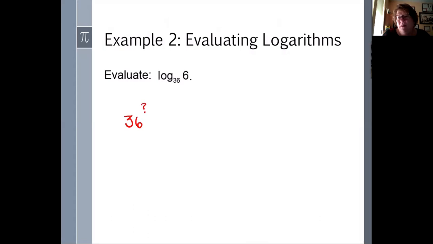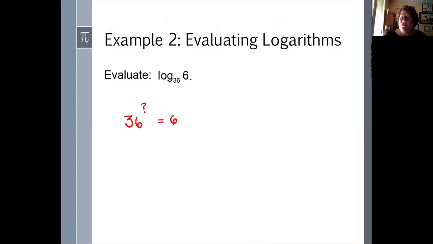That might be easier for you to see if you write a y instead of a question mark. Okay, and that's going to be equal to 6. So again, what is the logarithm equal to? It's equal to the exponent you raise that base to get that value. So log base 36 of 6 is equivalent to 36 to some power equals 6.